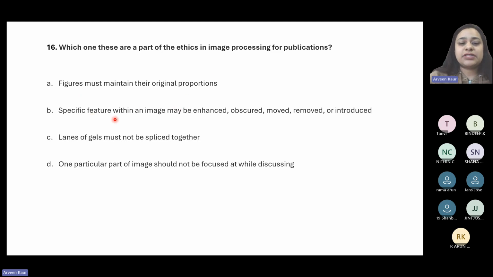The specific features within an image may be enhanced, obscured, moved, removed, or introduced. Lanes of gels must not be spliced together. One particular part of an image should not be focused on while discussing. So, which of these are a part of ethics in image processing?